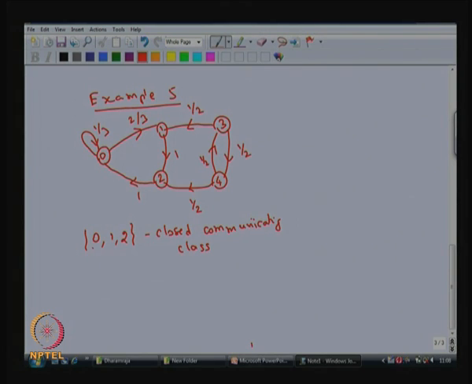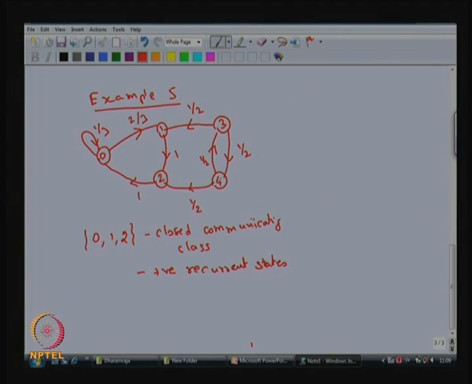If you find F00, F11, F22 and so on, you come to the conclusion that the value is going to be 1, and all these 3 states are going to be positive recurrent states.